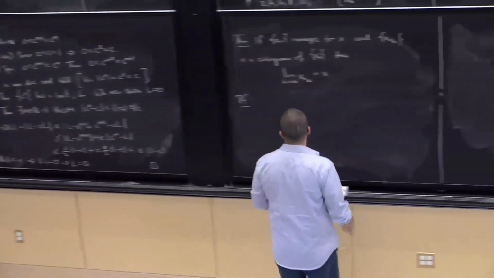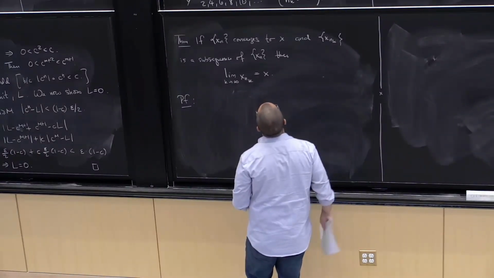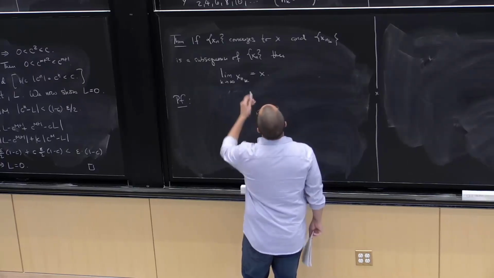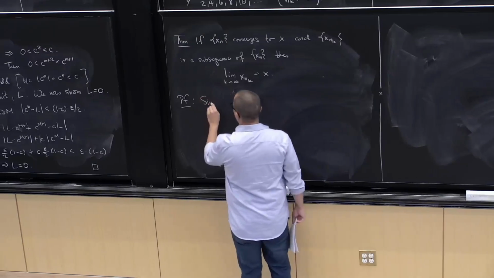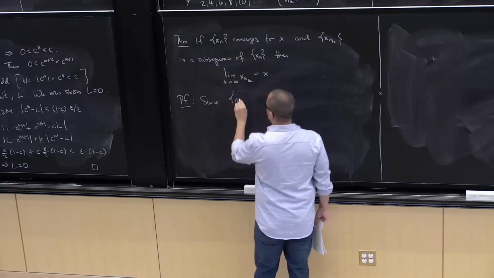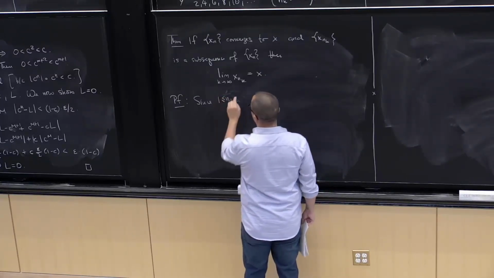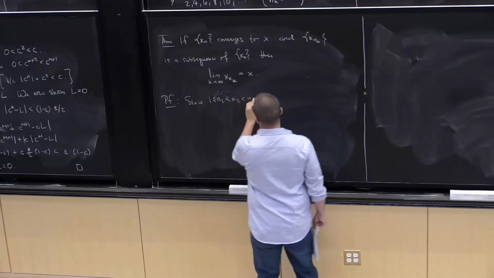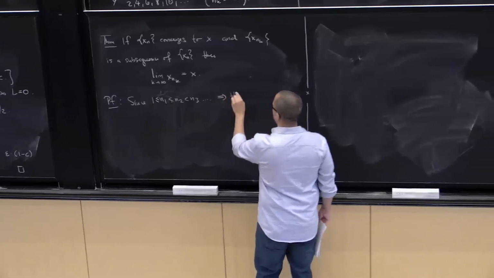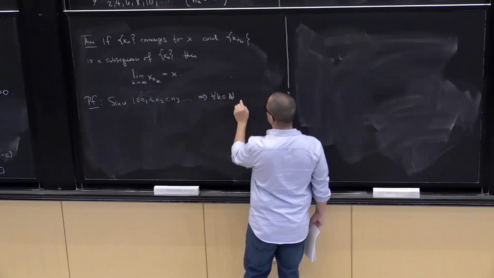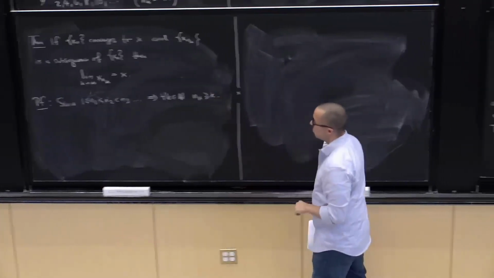Let me start off by making a simple observation, based on the fact that the n sub k's are an increasing sequence of natural numbers. Since n sub 1 is bigger than or equal to 1, is less than n sub 2, is less than n sub 3, and so on, this implies that for all natural numbers k, n sub k is bigger than or equal to k.